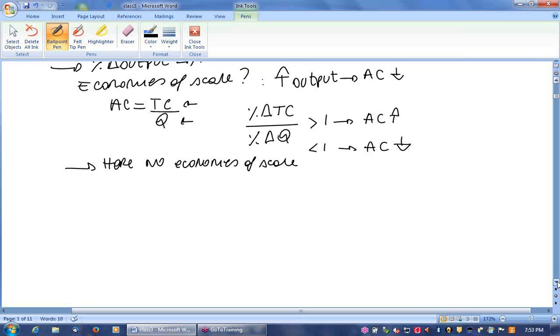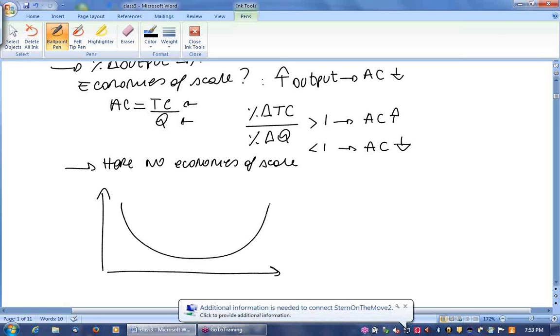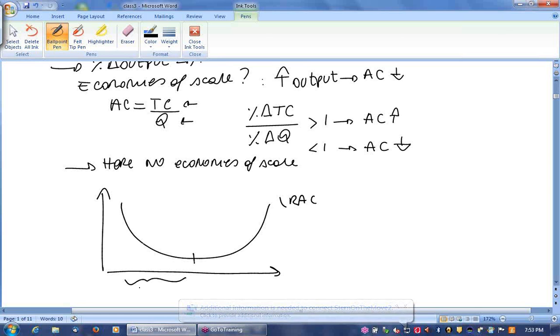Okay, if it stays the same, it means that in that part of the curve, so basically, do you remember from last time? This was our long run average cost. So here you have economies of scale. And here you have diseconomies of scale, you see?